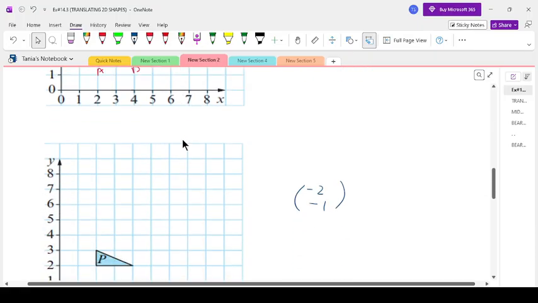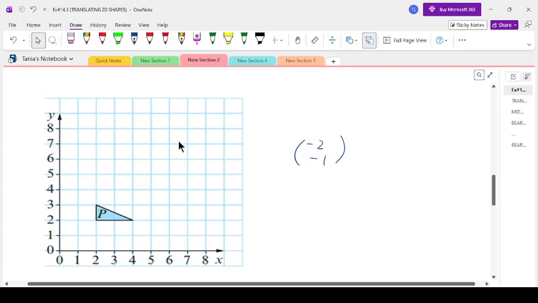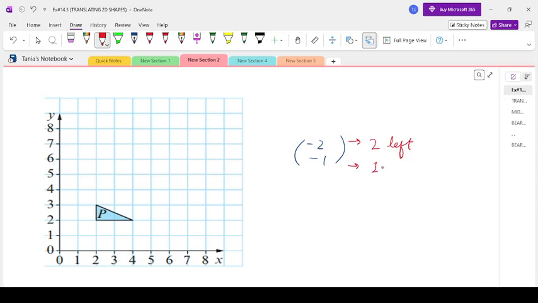Now we have the column vector (-2, -1). Minus 2 means we have to drag our point 2 times to the left side, and 1 time in the downward direction.